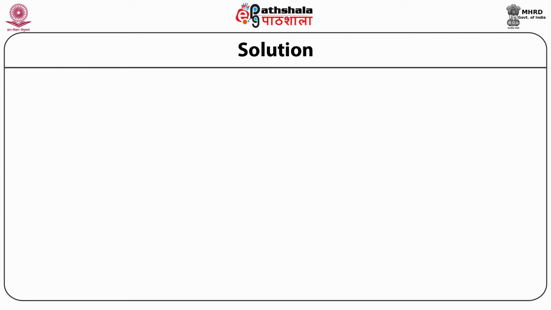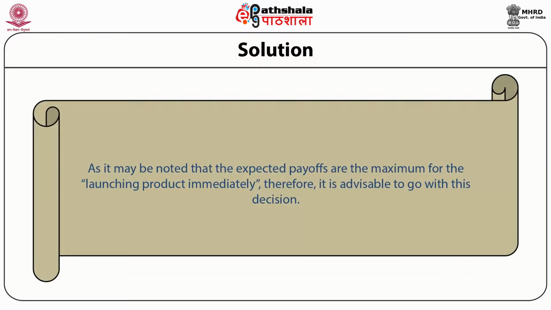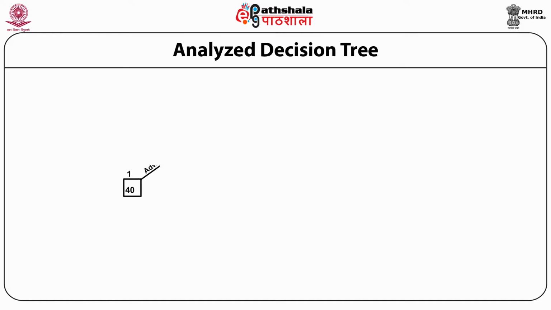So as I have already told you, the best strategy is to go with the immediate launch of the product rather than going for pilot testing or sales promotion or advertisement, because here the payoffs are the maximum. So this is a self-explanatory diagram.